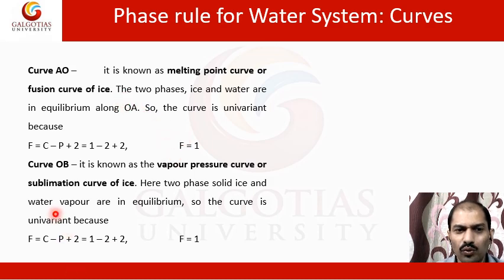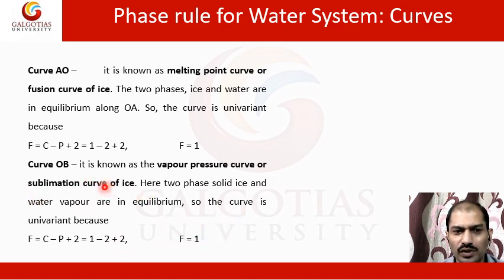The curve OB, as you see, is known as the vapor pressure curve or sublimation curve of ice. Here the two phases, solid ice and vapor, are in equilibrium. The curve is univariant because f equals c minus p plus 2, equals 1 minus 2 plus 2, so again this is univariant.